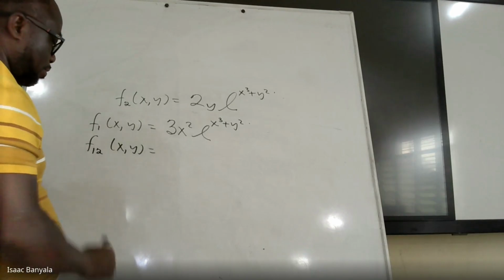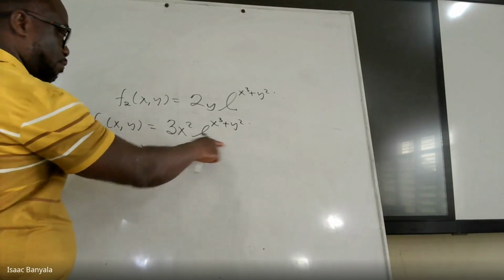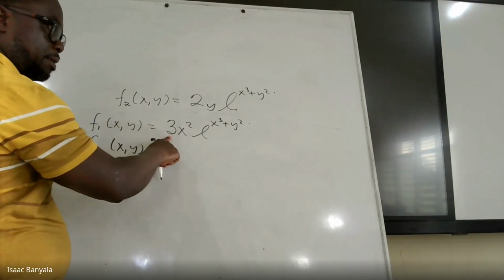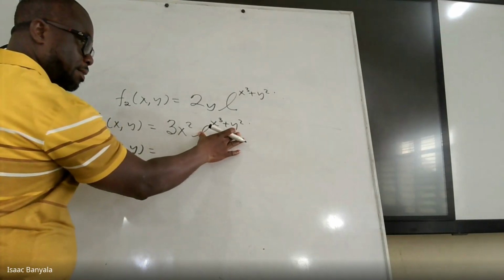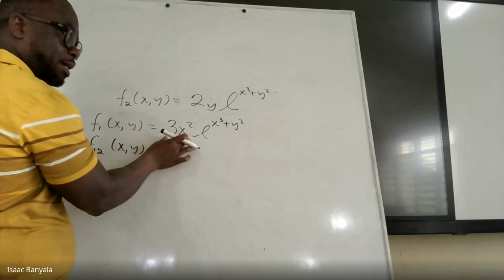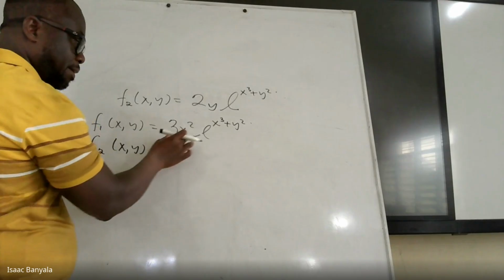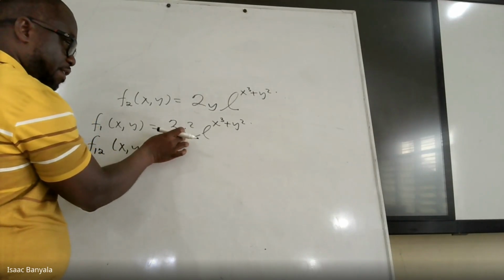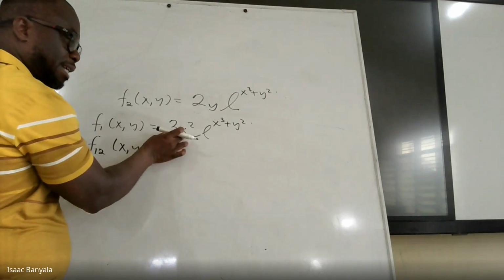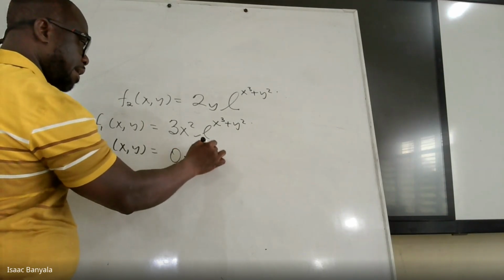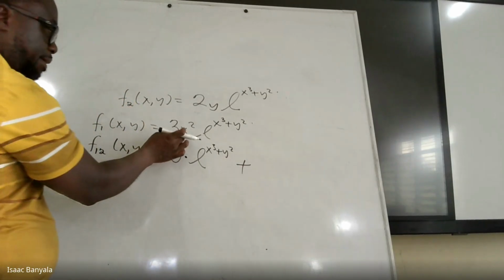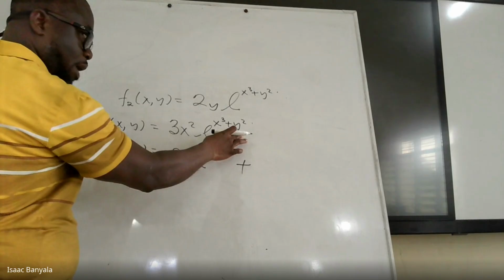Let's all do it together. We are differentiating with respect to y. So we treat this as a constant and differentiate this with respect to y. We leave this one there. If we differentiate this with respect to y, you get 0. So this one will be 0 times e to the x cubed plus y squared. Then plus, you keep this and differentiate that with respect to y.